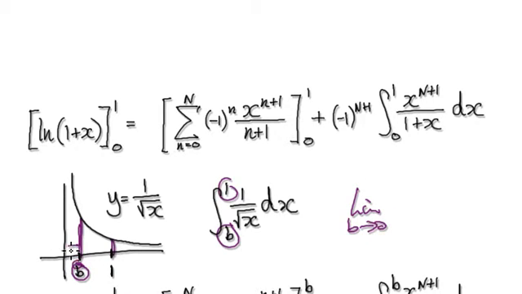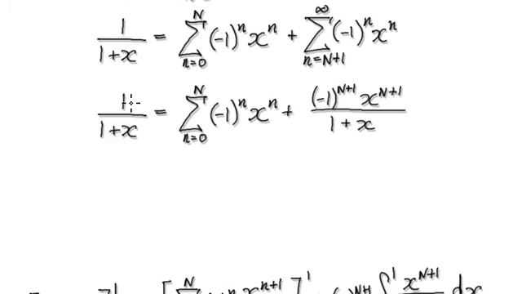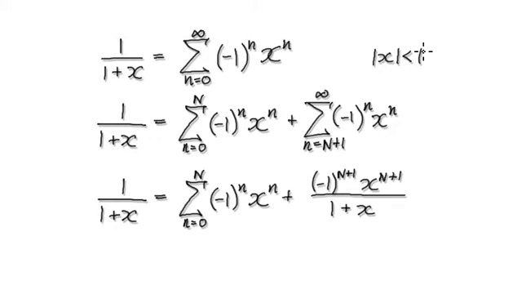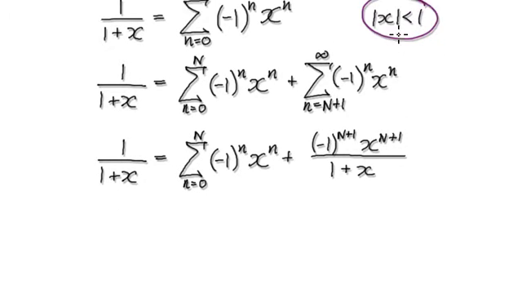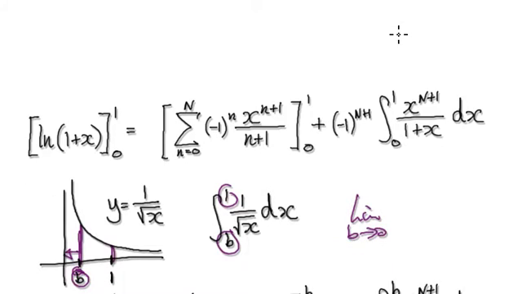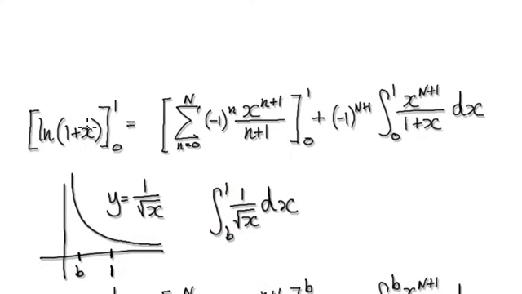That gave us a legitimate answer. So even though this thing breaks down when x is 1, we can integrate it to b, and then later allow b to head towards 1. We're going to use that same technique.